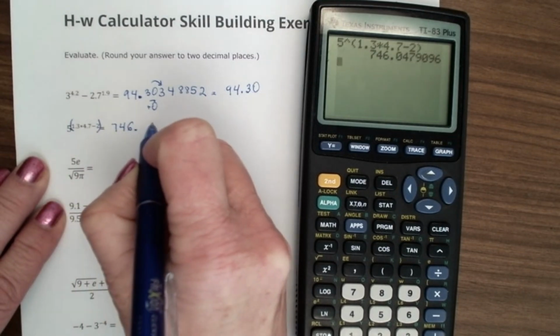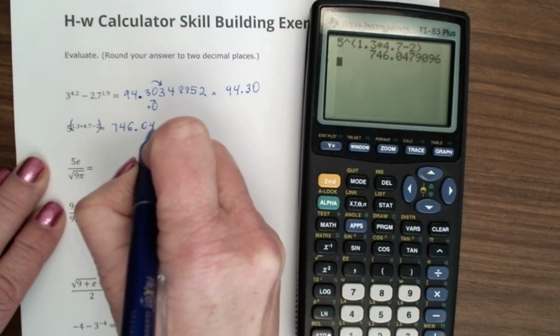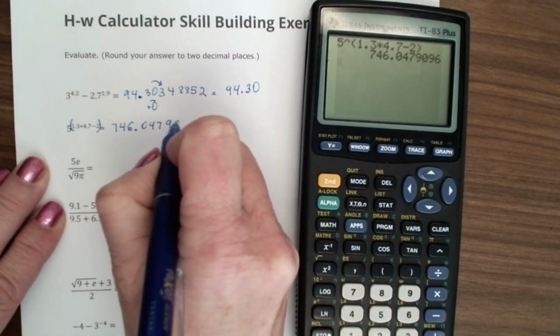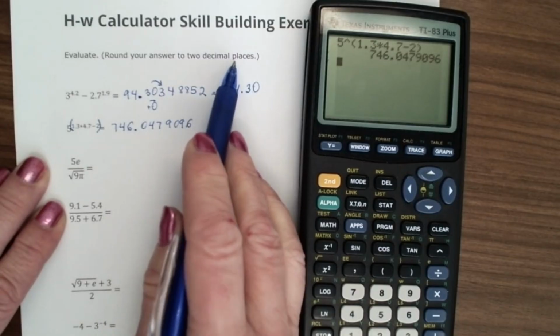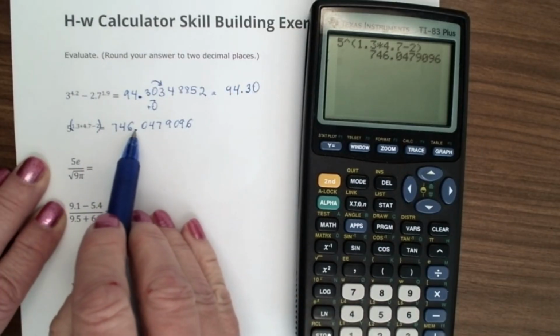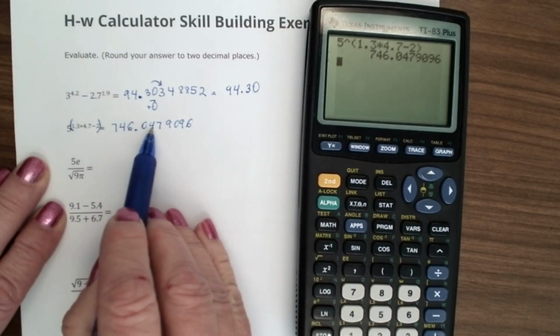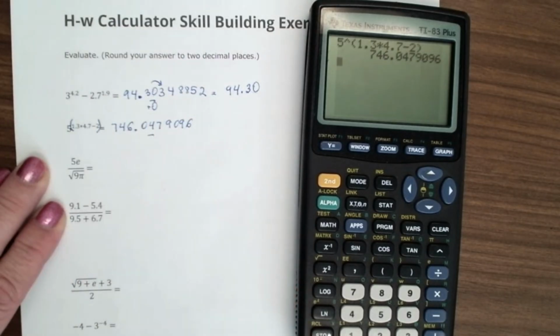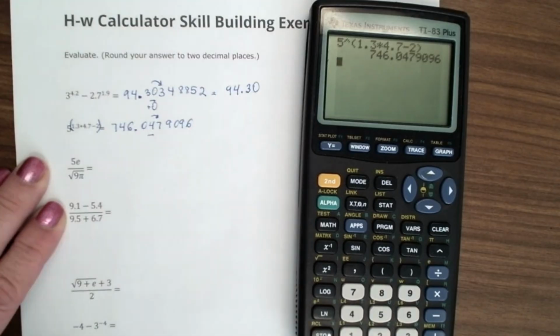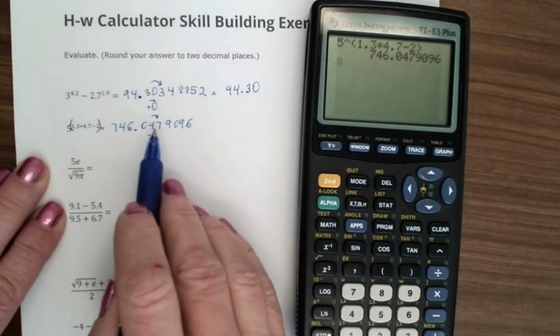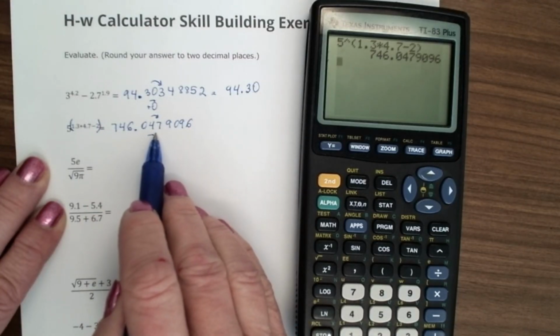746.04799096. Again, to round to 2 decimal places, decimal point 1, 2. This is the second decimal place. You have to look at the digit on the right, because it's 7.